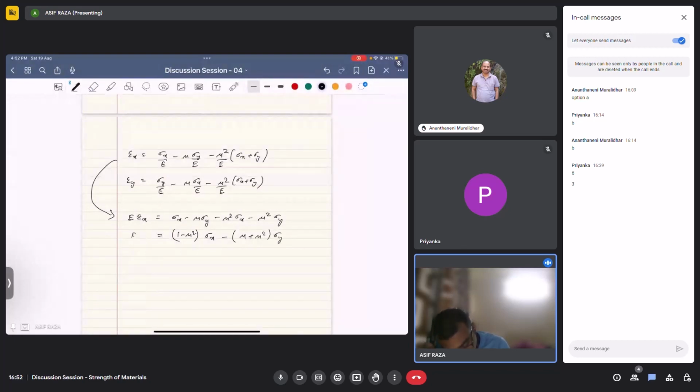Similarly, E epsilon y would be equal to 1 minus mu square sigma y minus mu plus mu square sigma x.